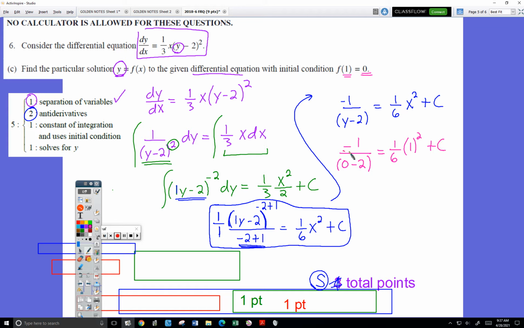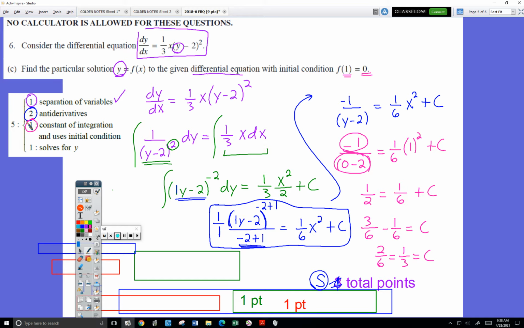So this is negative 1 divided by negative 2, which is positive 1/2, is equal to positive 1/6 plus c, which means we have 1/2, which is 3/6, subtract 1/6 is equal to c, which means we have 2/6, or 1/3 is equal to c. If we get that far, we get another point. So we're up to a total of 4.